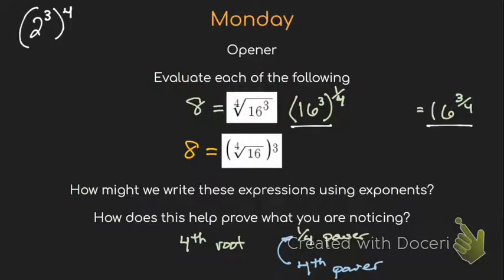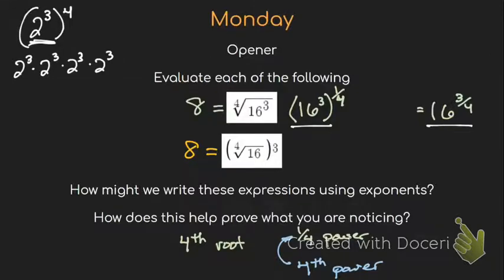I don't want to do any calculational work. I just want to write out what it means. It would just be 2 to the 3rd multiplied times itself 4 times. Right? 4th power means I'm going to take what's inside of there and multiply it 4 times. There it is.